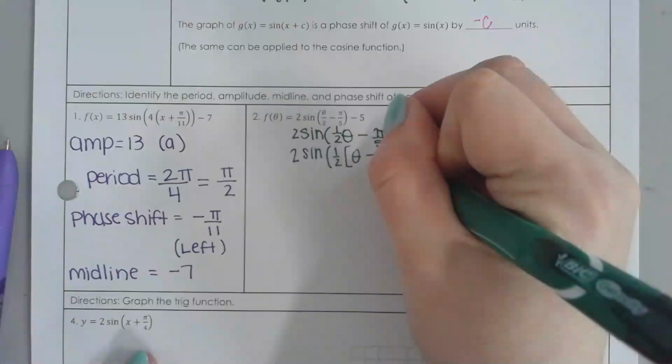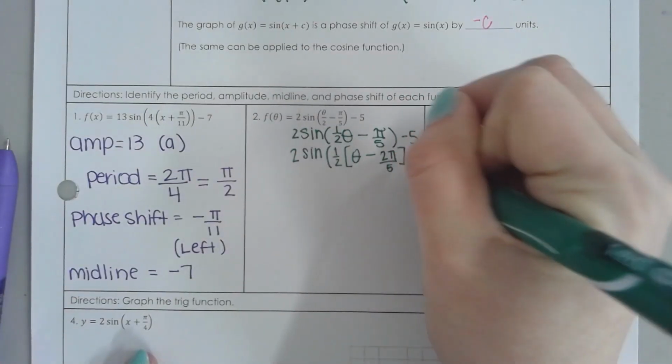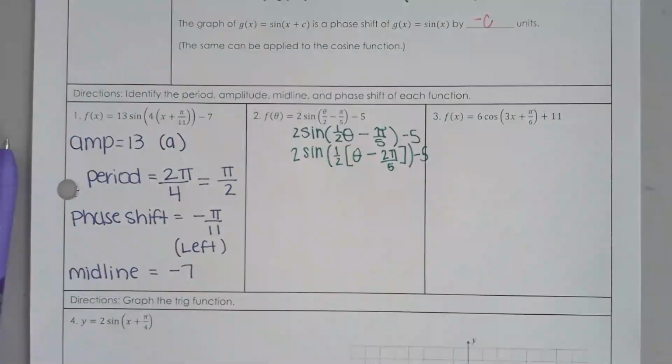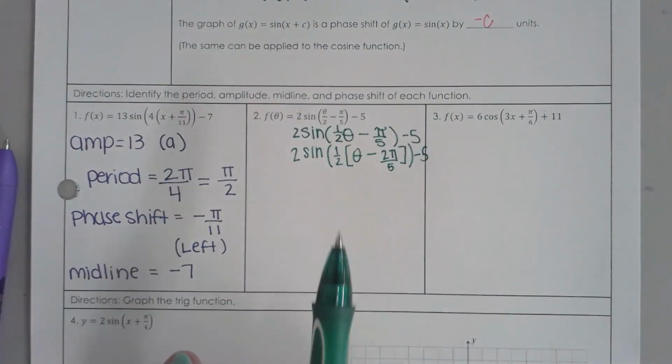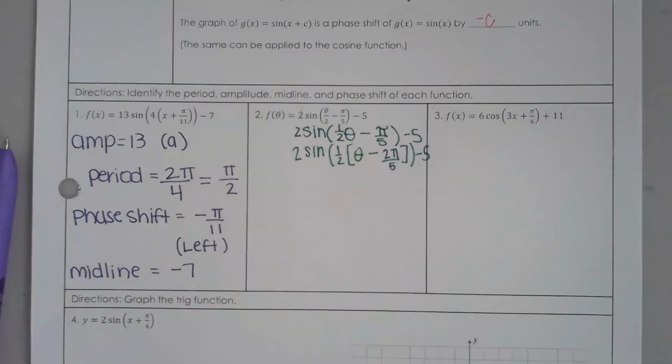So this would really be 2 pi over 5. That's ugly. And if you think about it backwards, if I wanted to distribute this back in, if I multiply 1/2 times 2/5, making the same as multiply by 2.